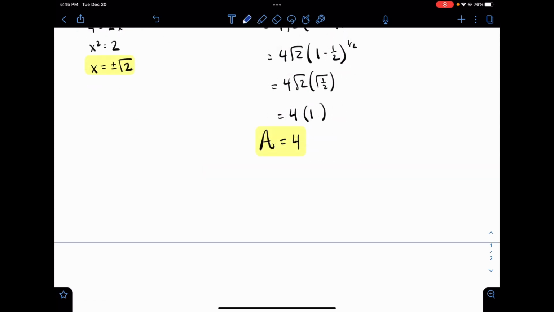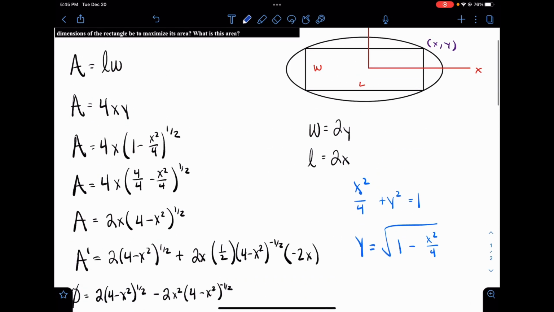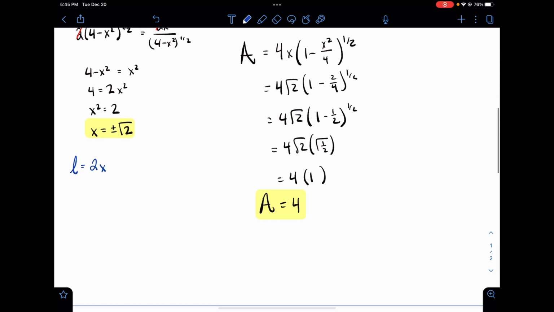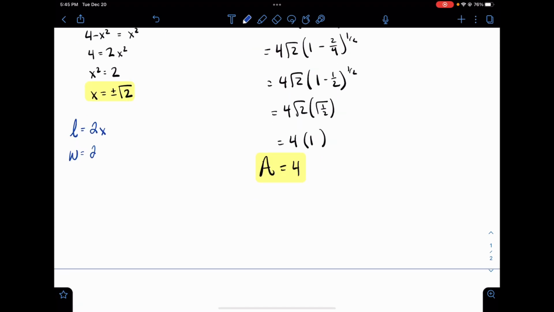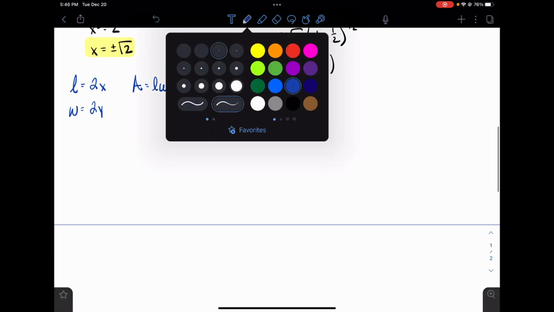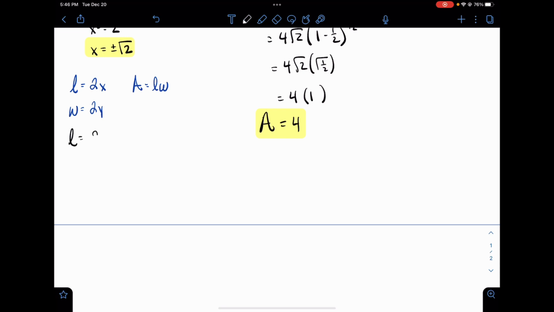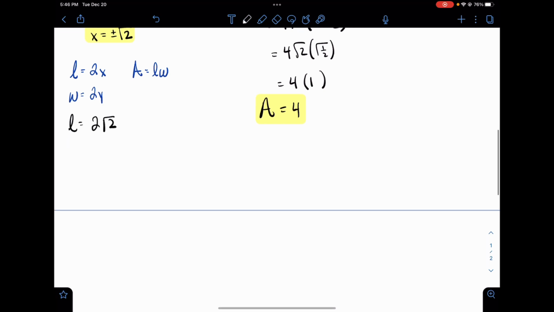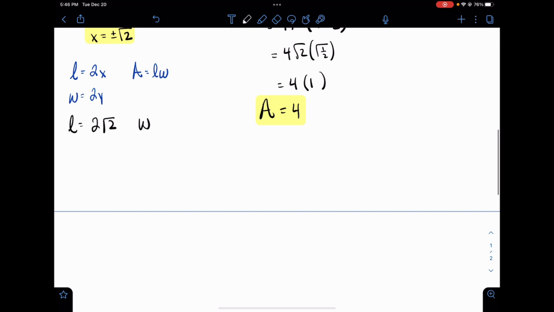The last step is to find the dimensions of this box. So we need to find length, which equals 2 times x, and width, which equals 2 times y. And we also know that area equals length times width. So we can go ahead and solve. Length equals 2 times root 2. And then we can solve for width equals area divided by length.